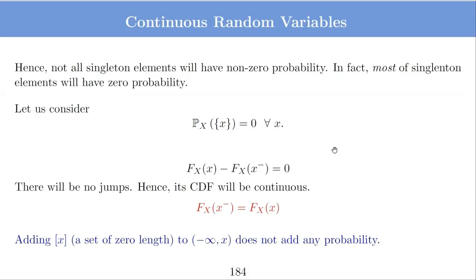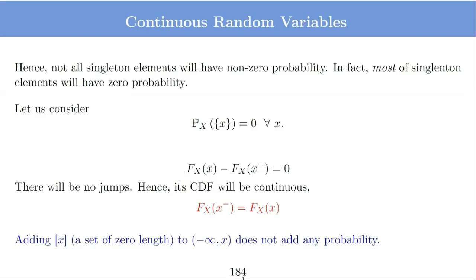In other words, if you add a singleton set x, a set of 0 length, to the open set minus infinity comma x, it does not add any probability to this set. When you add it, you get the closed set minus infinity comma x.